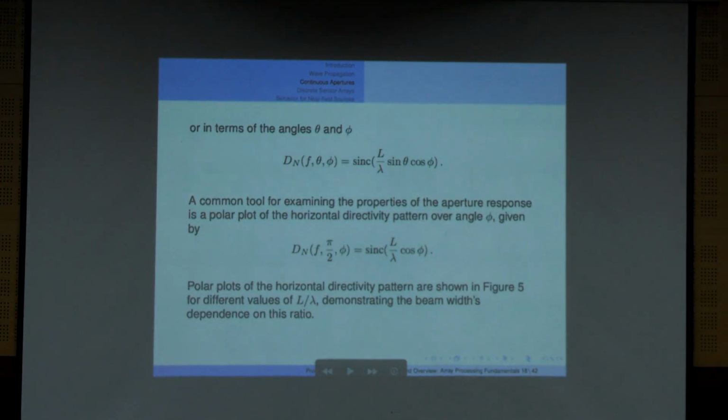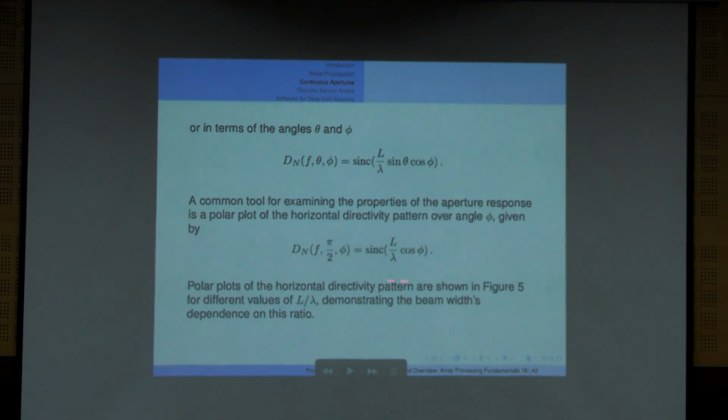So in our case, we have a sinc function of alpha x, and because it's a linear aperture with circular symmetry, we can put theta equals pi over 2, and then it's a sinc function of cosine phi, multiplied with L over lambda.